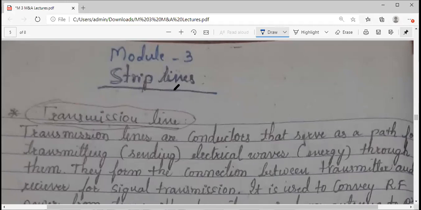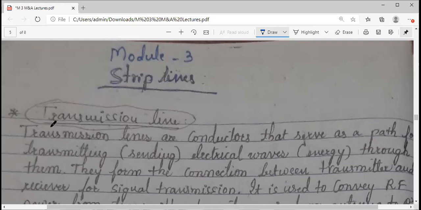However, even the microwave theory is involved here, because they are working at microwave frequencies. So module 3, strip lines, deals with different transmission lines. We will be looking at 4 different strip lines, the classification, each one's characteristics in detail, and then we will go to the antennas part.